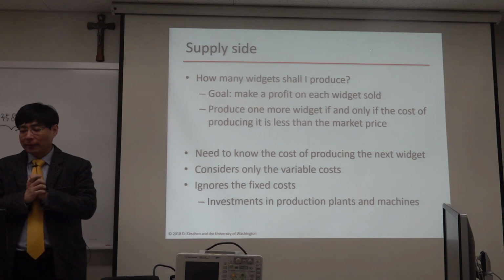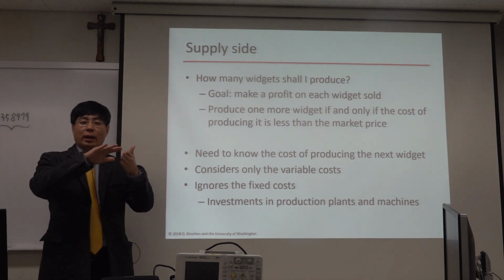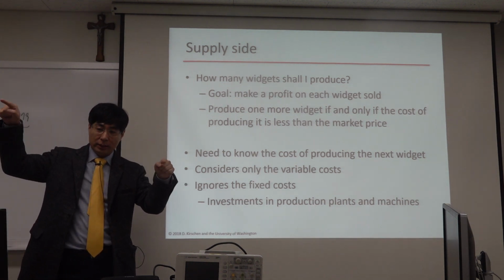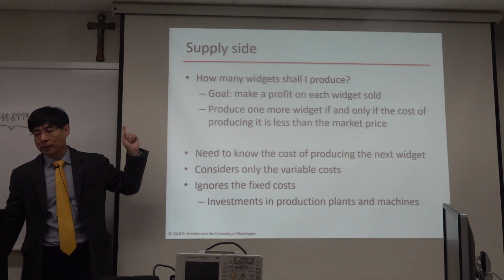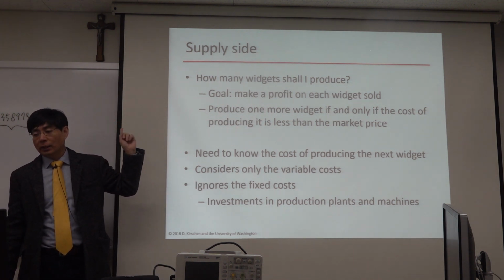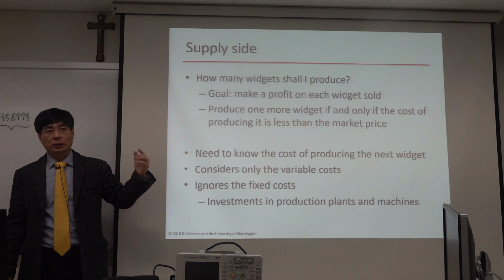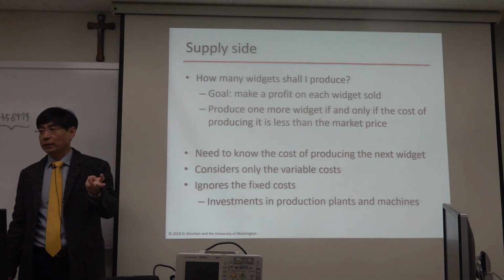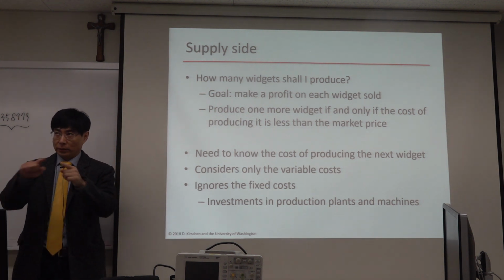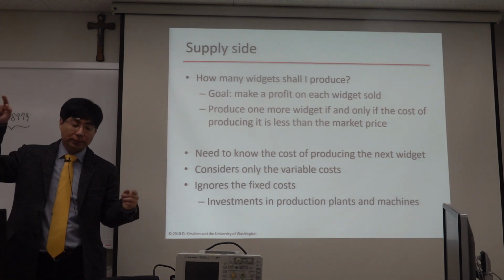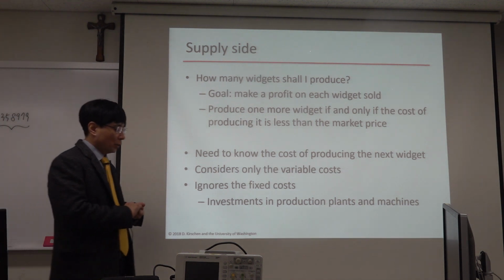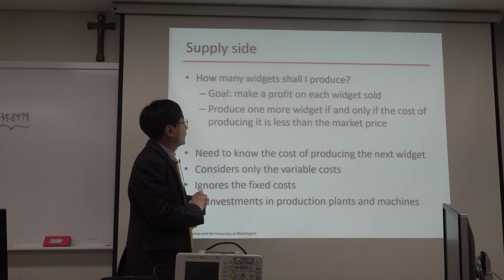But typically this supply cost function is a convex function. Yeah, a straight line is also convex, but no, typically a second order polynomial or something like that.